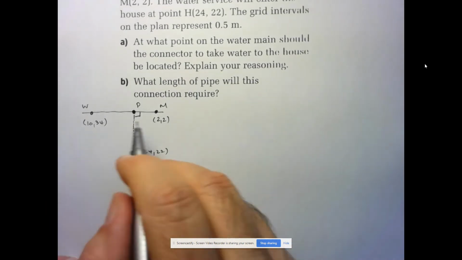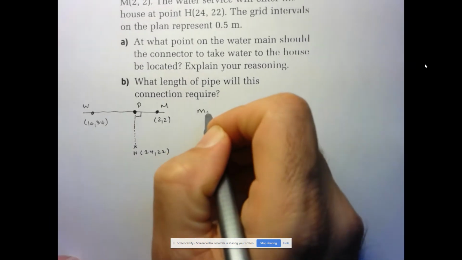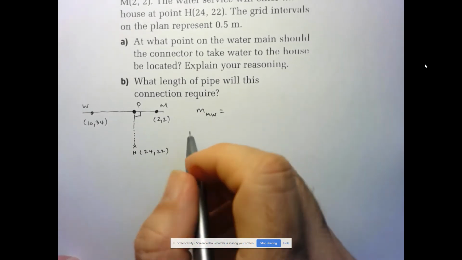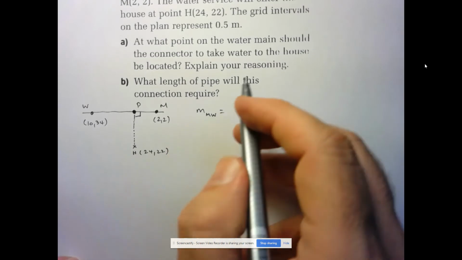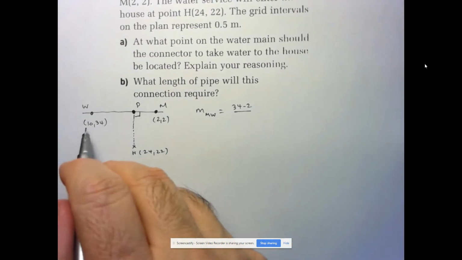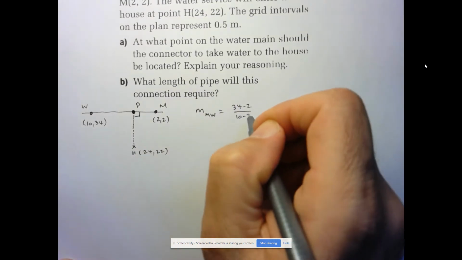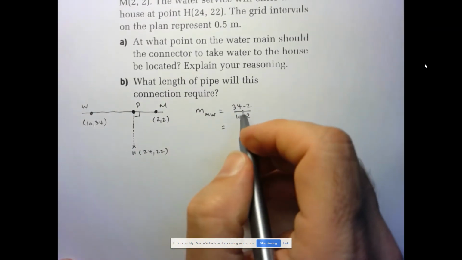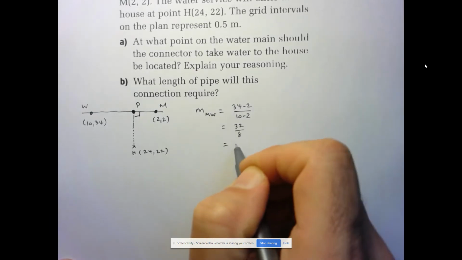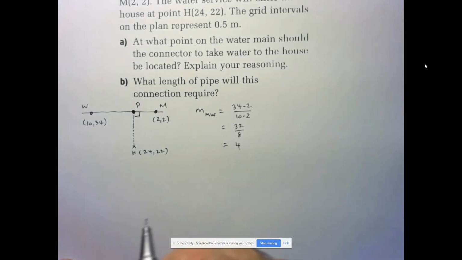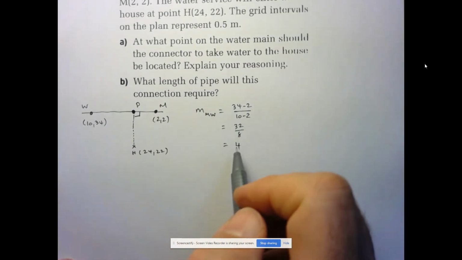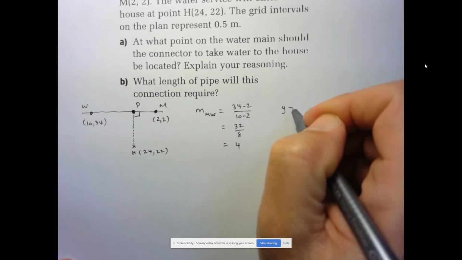So here, first I'm going to find the slope. So the slope of MW is equal to the difference in y, so 34 minus 2, over the difference in x's, 10 minus 2. So here we have 32 over 8, so that's equal to 4. All right, so now let's find the equation. I'm just going to stick one of these points and the slope into y = mx + b.